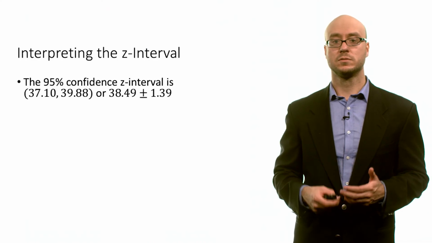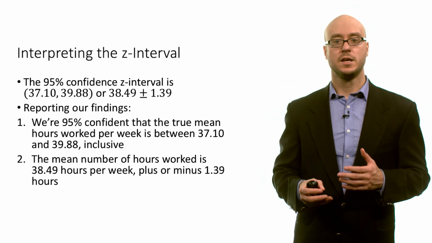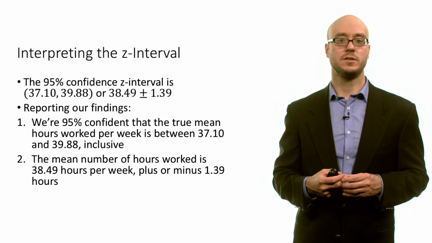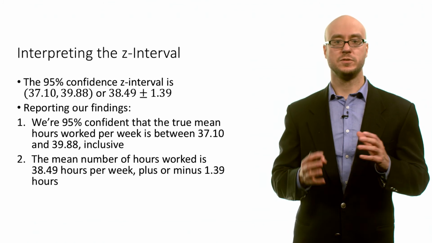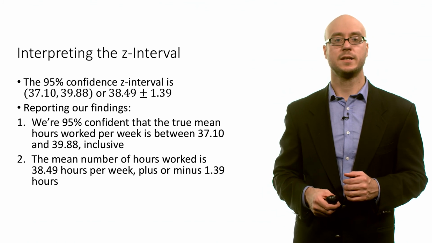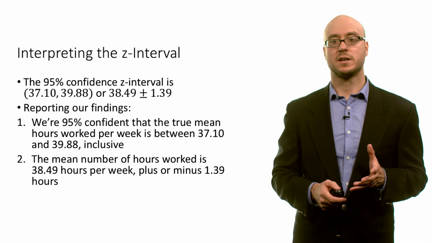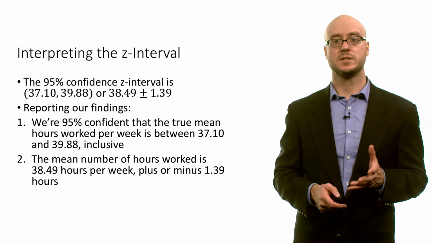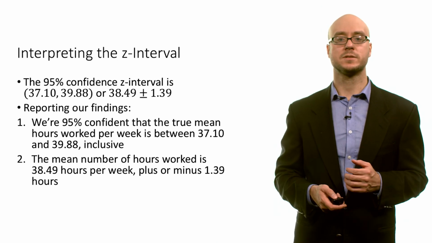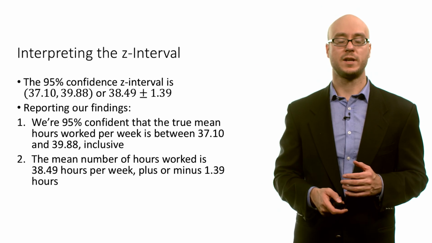To interpret this interval, we just interpret it as we did before. And again, there are two slightly different ways you can present this result. You can use parentheses, or you can just say it's 38.49 plus or minus 1.39. So we can also word it in two ways. We could say we're 95% confident that the true mean hours worked per week is between 37.1 and 39.88, or we can say the mean hours worked is 38.49 hours per week, plus or minus 1.39 hours.